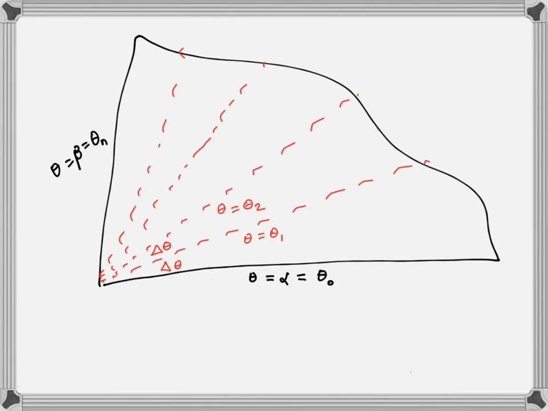Now we're going to restrict our attention to the ith one. We're going to take one of these and zoom in on this one right here, on a different page.